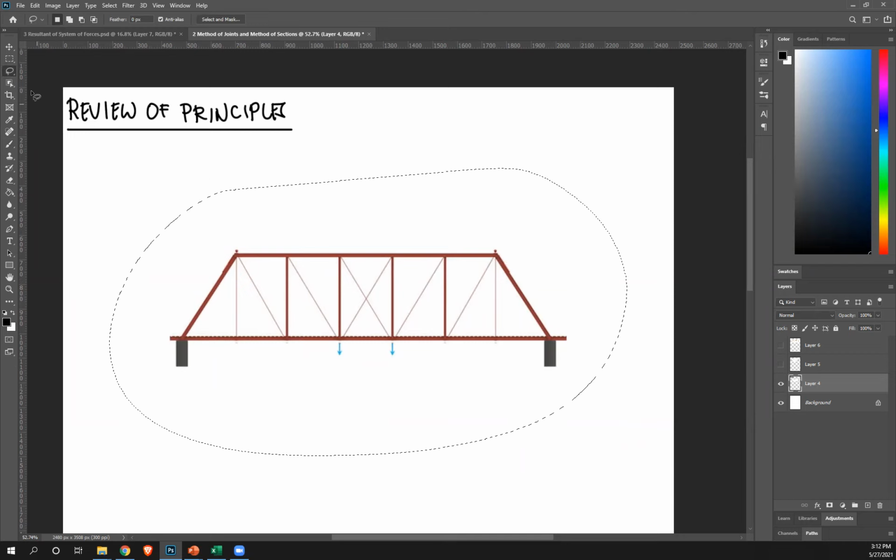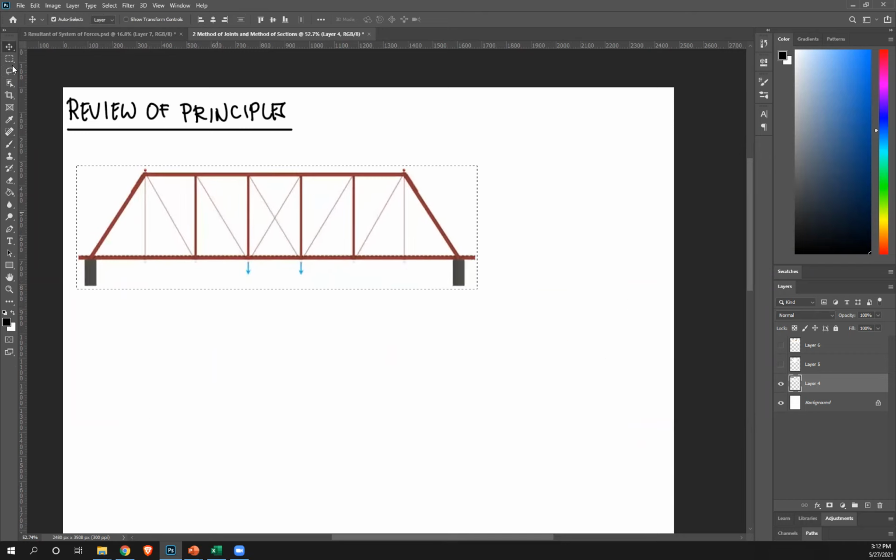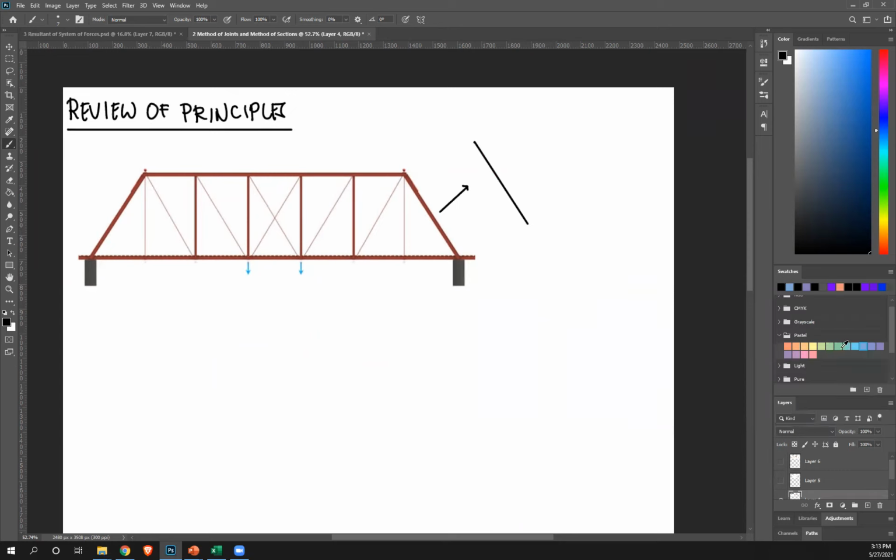I have this kind of truss, right? We know that if I analyze this, let's say I take this member, isolate it, the forces present for this member would be this way.